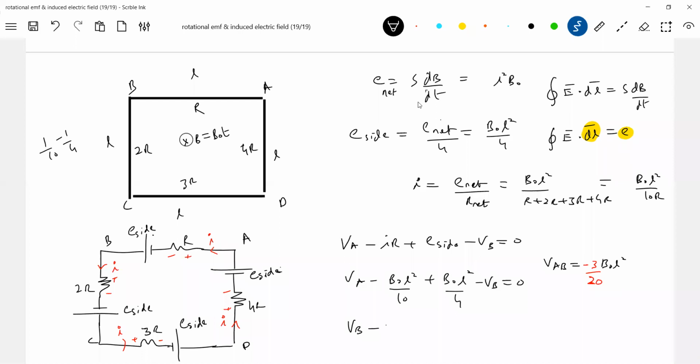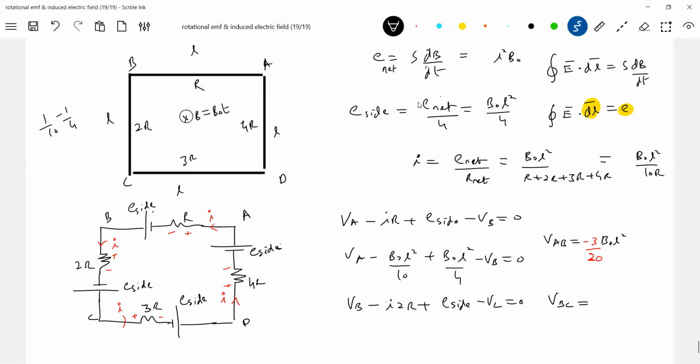VB minus I into 2R, E side minus equal to 0. Just help me with these values.